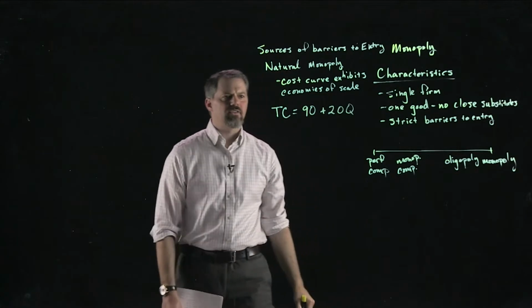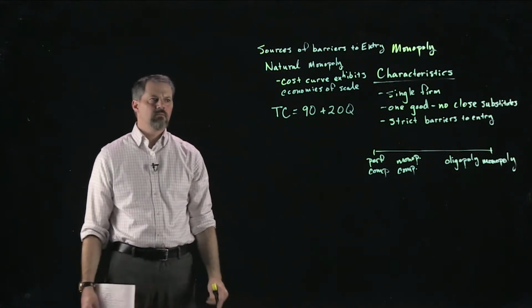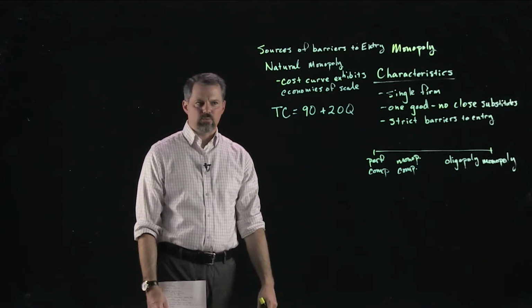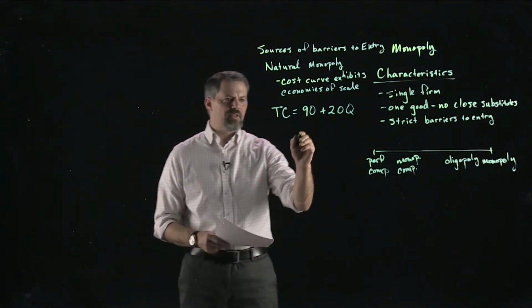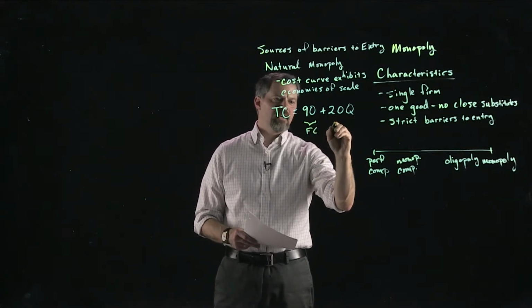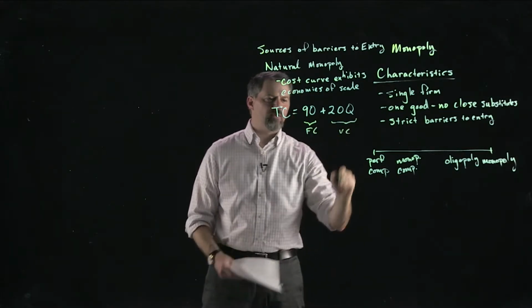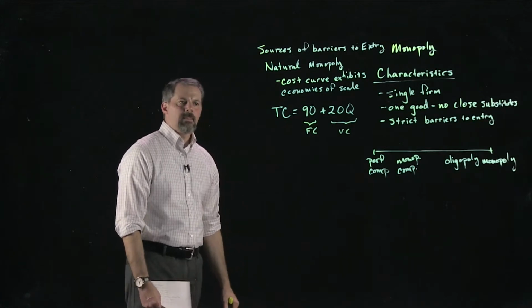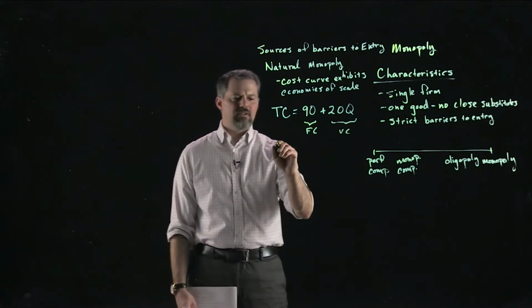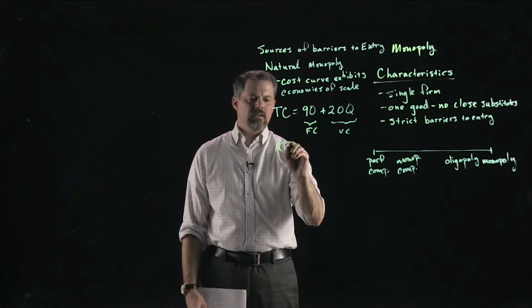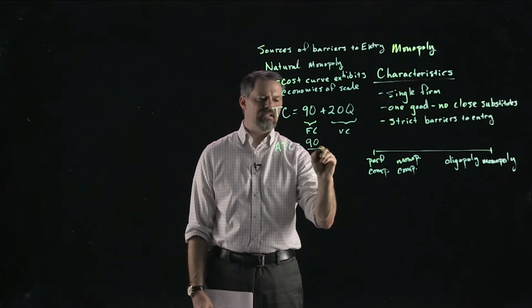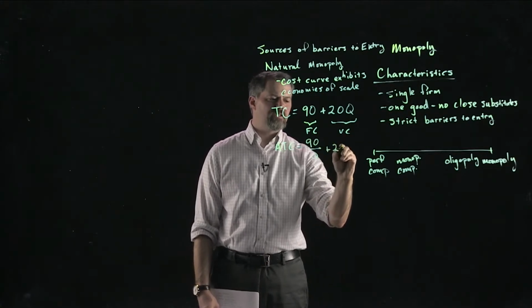Suppose that was our total cost curve. Let's think about what average total cost would look like. Remember that this term right here, that's our fixed cost, and this term right there, that's our variable cost. So let's figure out what average total cost looks like. Average total cost is just total cost divided by Q. So average total cost will be 90 over Q plus 20.